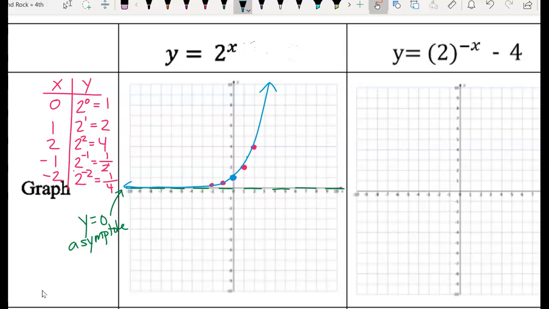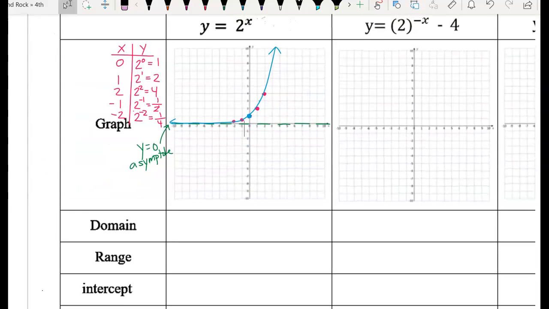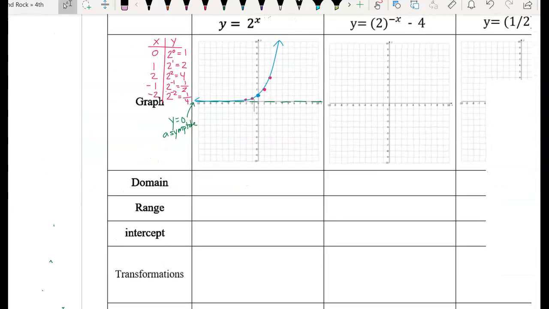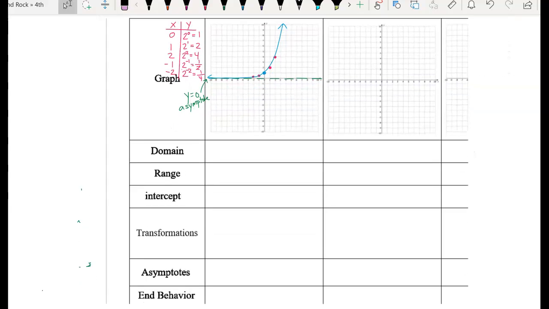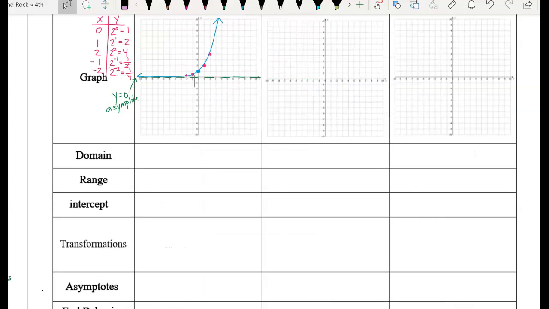Let's talk about the attributes. What is my lowest x value? Yes, because I'm trying to find my domain eventually.